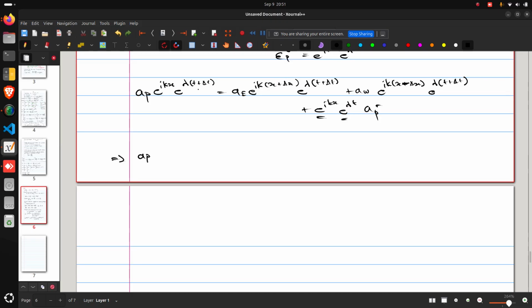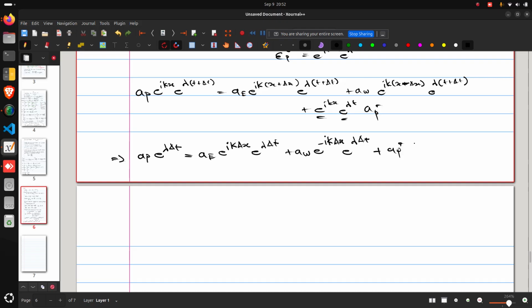AP times e to the power lambda delta t is equal to AE e to the power i k delta x e to the power lambda delta t plus AW e to the power minus i k delta x e to the power lambda delta t plus AP star, right?